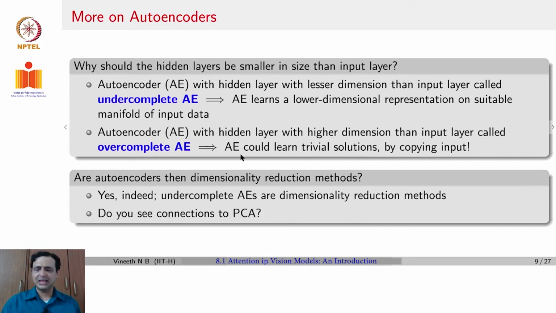A follow-up question then is, can an autoencoder be considered similar to principal component analysis, which is a popular dimensionality reduction method? The answer is actually yes again, but I'm going to leave this for you as homework to work out the connection between autoencoders and PCA.